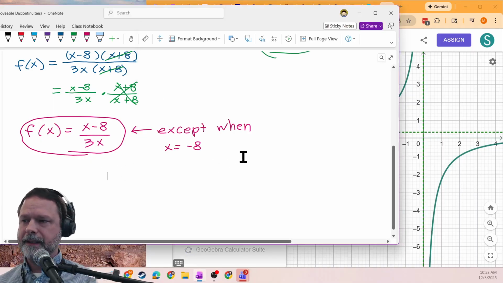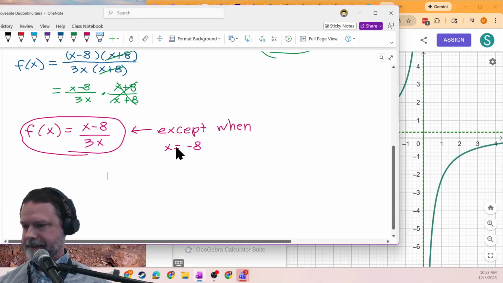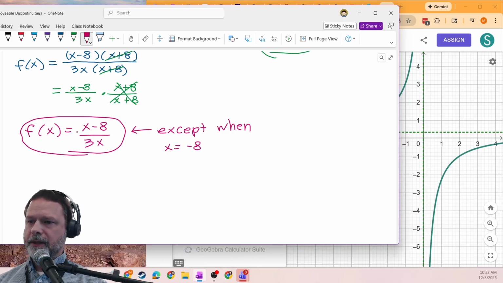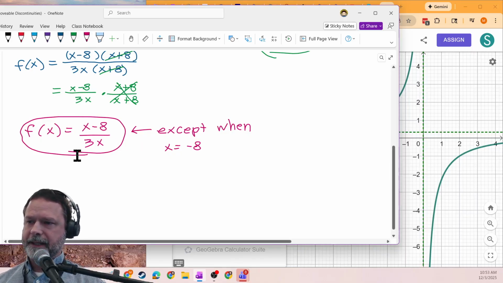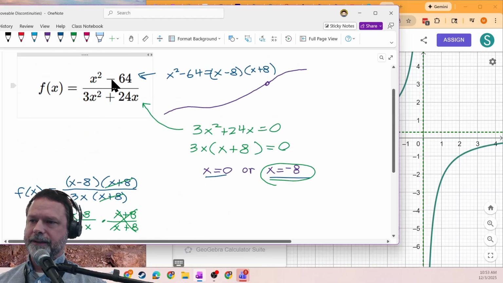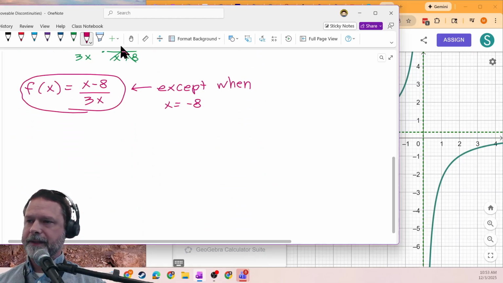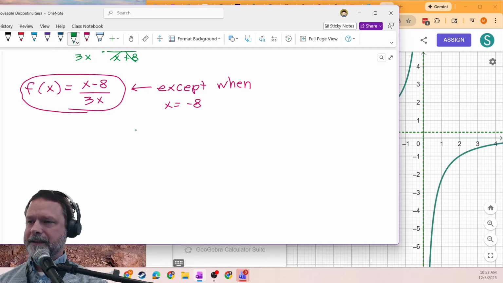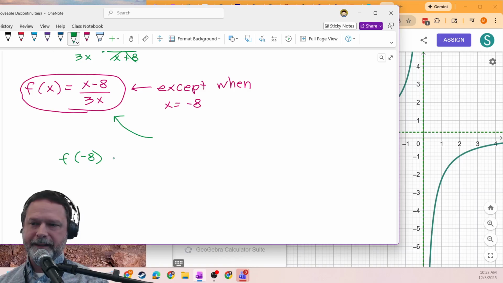That's what we'd expect. So how do I find the hole? Well, that's easy. Since I know that this function, x minus 8 over 3x, is equivalent to what I started with except at this point, where's that hole going to be? Well, just plug in x equals -8 into here. It'd be like f of -8 is really undefined, right?